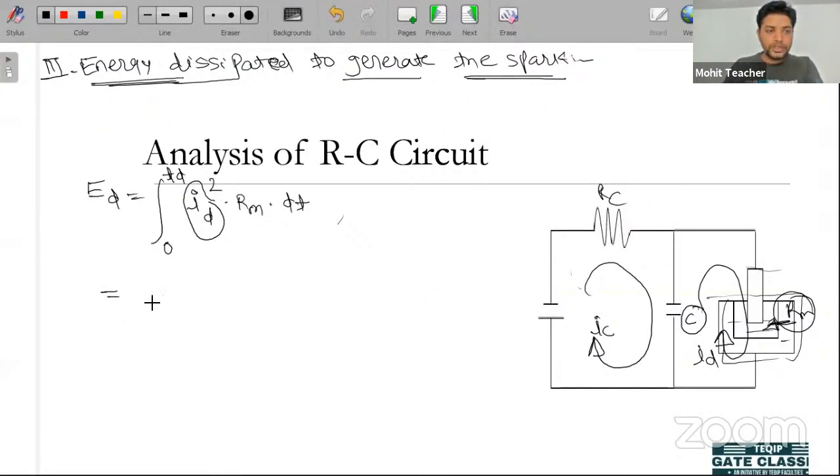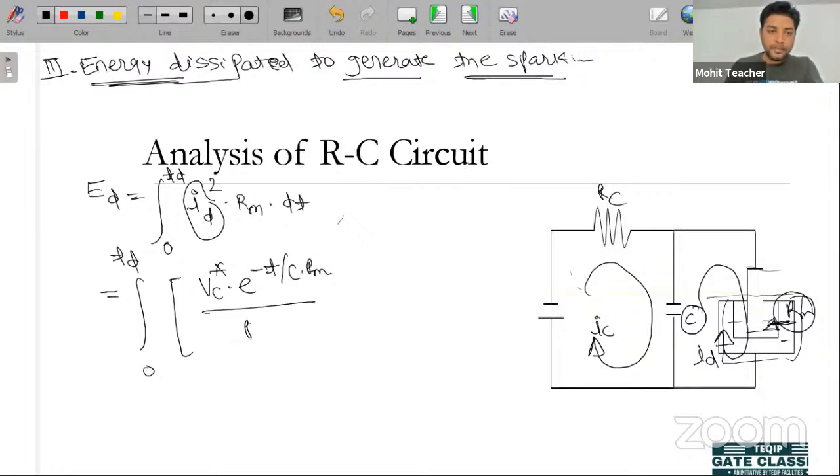So when you put this formula, this will be 0 to TD, and this will be VC star into e to the power minus t by C RM, upon RM square, into RM into dt.